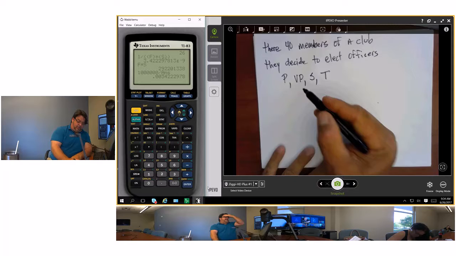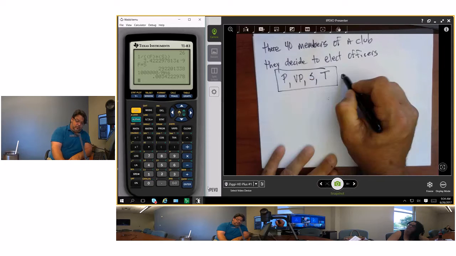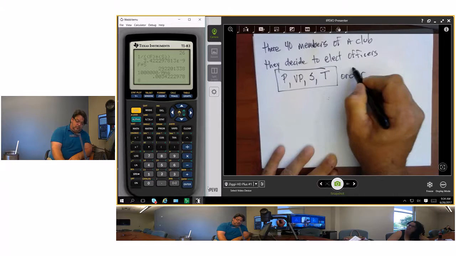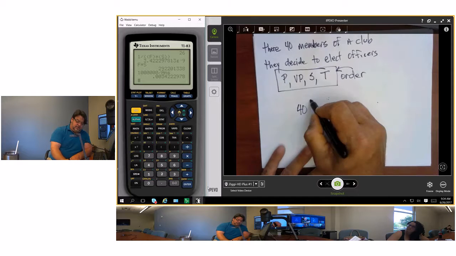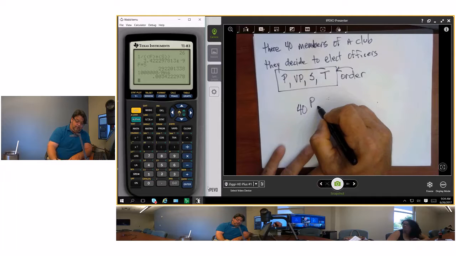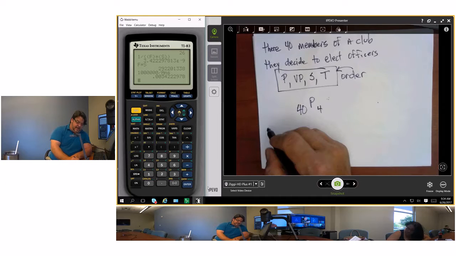So this would be a permutation. Why? Because this represents what? So this would be 40 permutation of 4. And you would punch that in your calculator. Now, what if I said a 5-member committee?